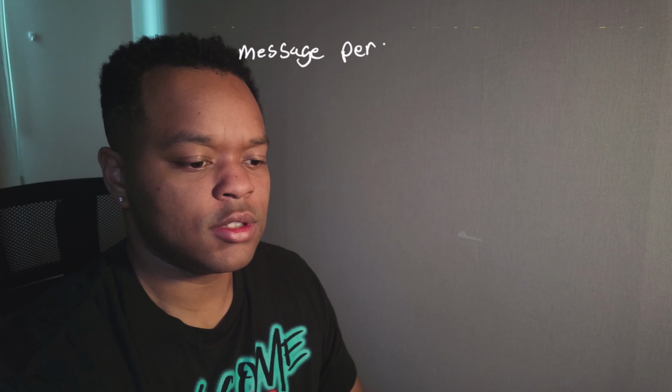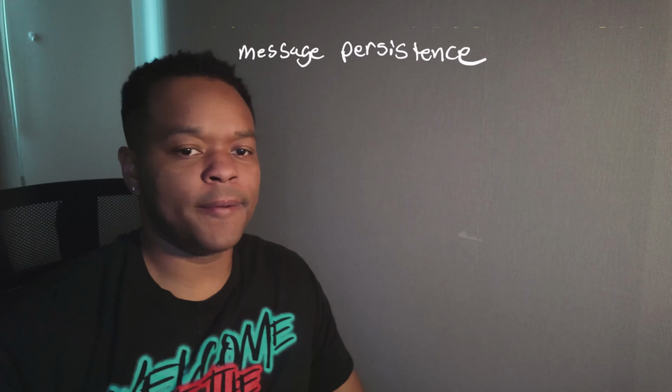So with the Redis stream, we have a few things that are pros and cons. We're just going to list that out here. So the first pro will be message persistence. Right?